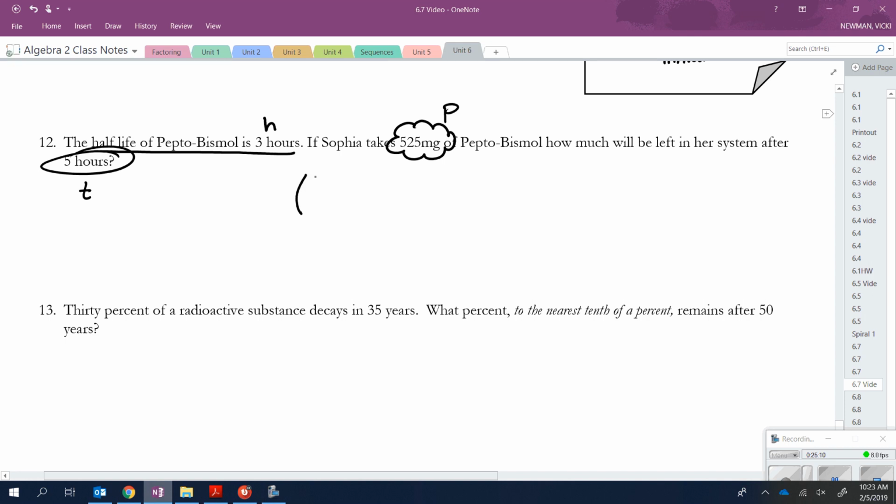I could write 1 minus 0.5, right? But like also no. So A equals initial, 525. Half-life means we have a base of 1/2. 5 hours is our time divided by the half-life of 3 hours.